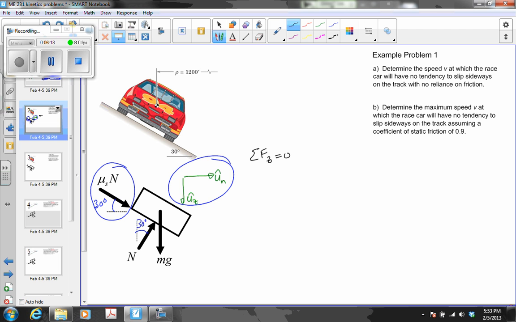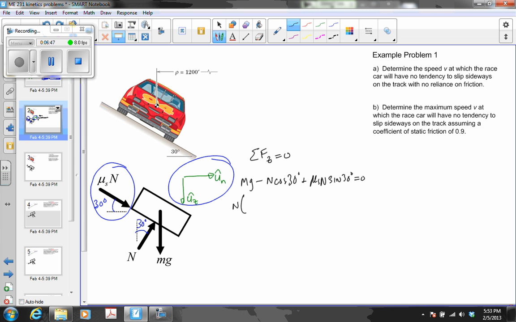Start with summing forces in the z direction and set that equal to 0. So I'll have mg minus n cos 30, just like we had before, plus mu s n sine 30, and that equals 0. Here I'll factor out n.